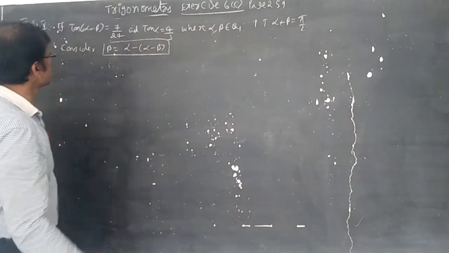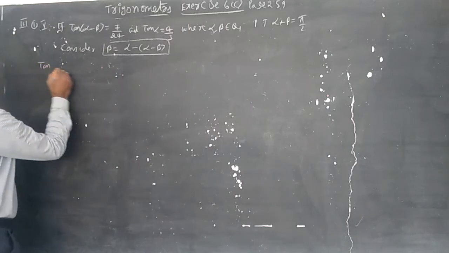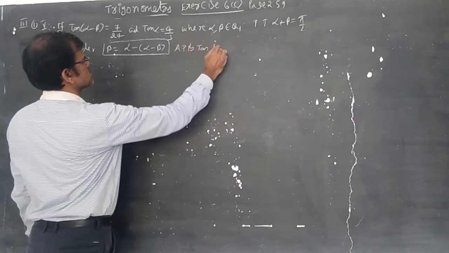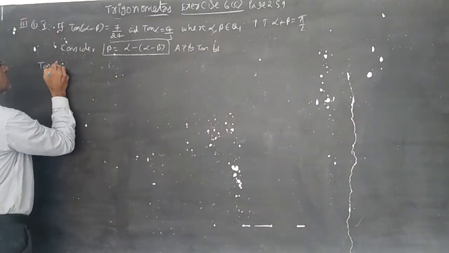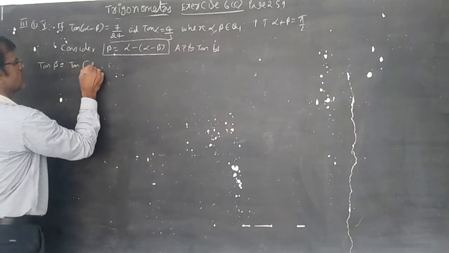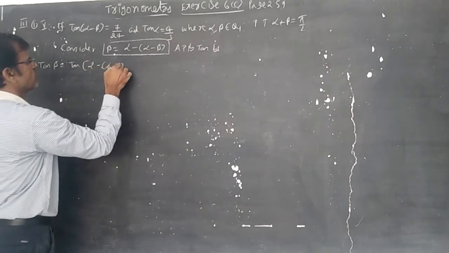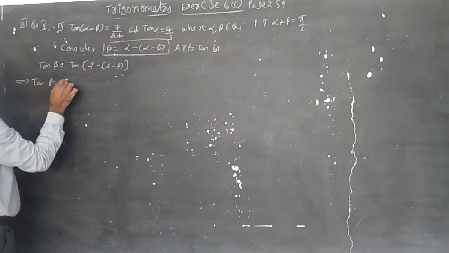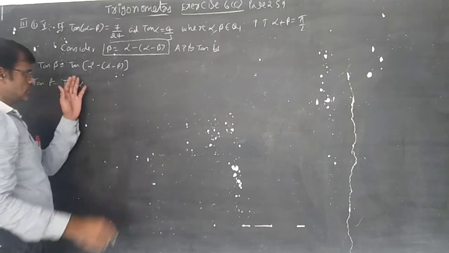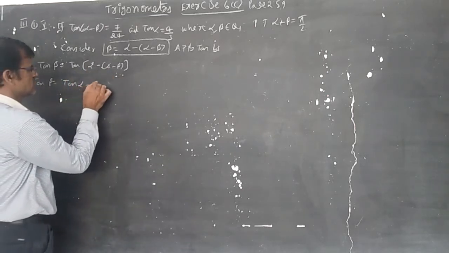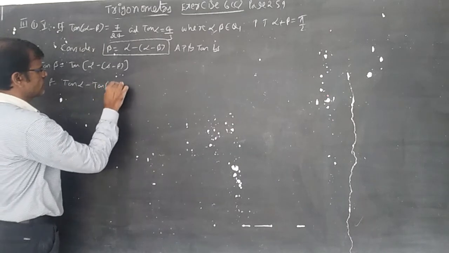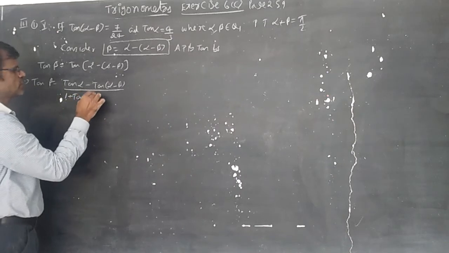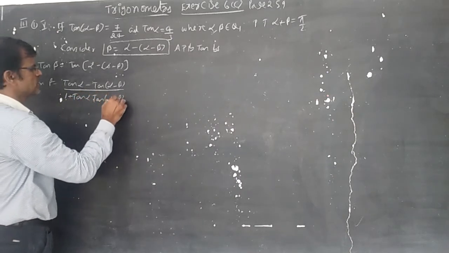So using this concept, apply tan both sides: tan beta is equal to tan of alpha minus (alpha minus beta). Write the formula tan of A minus B: tan beta is equal to tan alpha minus tan of alpha minus beta, whole by 1 plus tan alpha into tan of alpha minus beta.